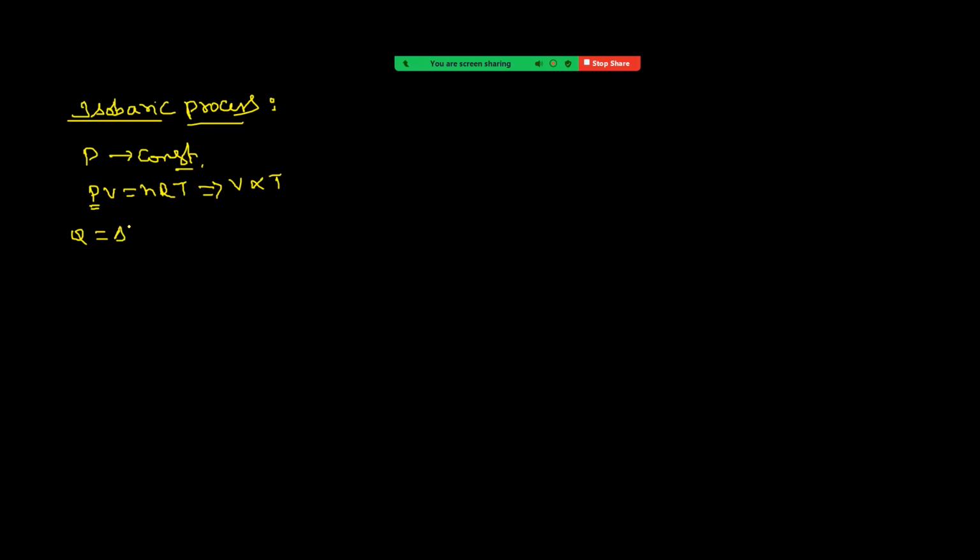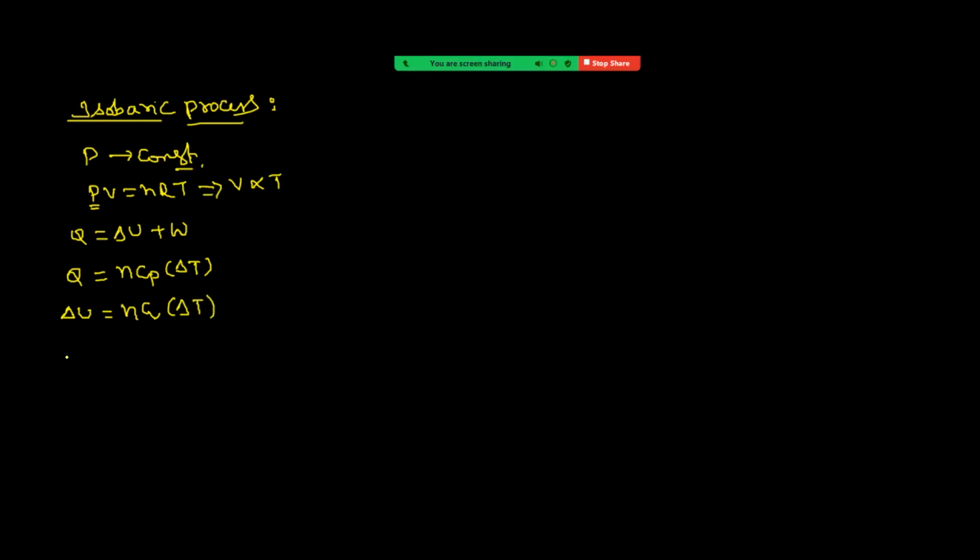Okay. Next, coming to first law. So Q equal to delta U plus W. And we know Q value is given by, since it is now pressure constant, nCp delta T. And we are knowing that delta U is always equal to nCv delta T. This is for any process.